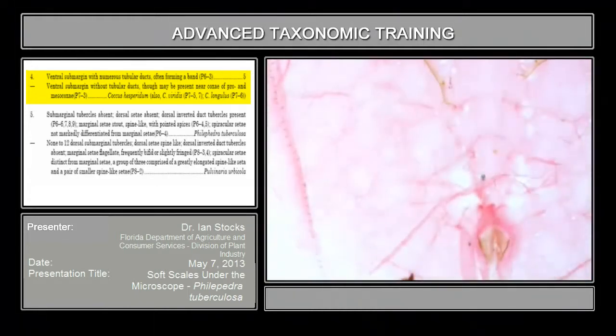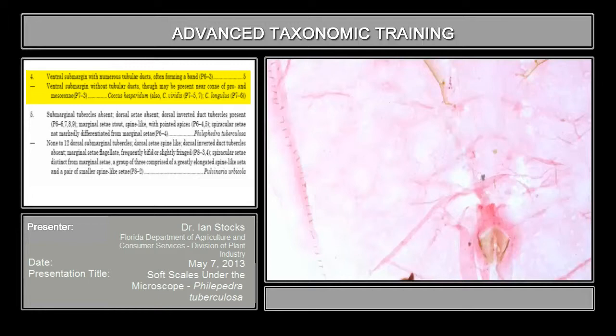So we're on step 4: ventral submargin with numerous tubular ducts often forming a band. That's the first statement in couplet 4, and that's exactly what we just saw in that last series of images, was that band, because you could go almost anywhere on that submargin on either side and be in that band of ducts. So we're positive for that character.